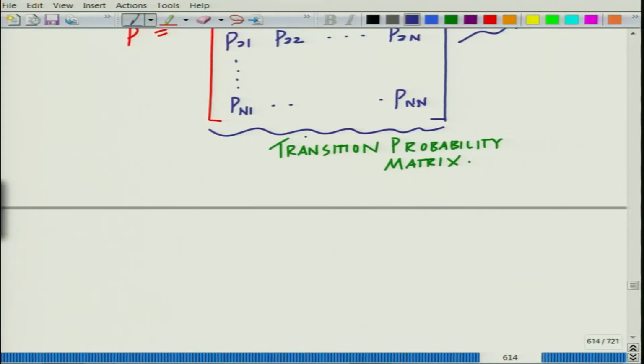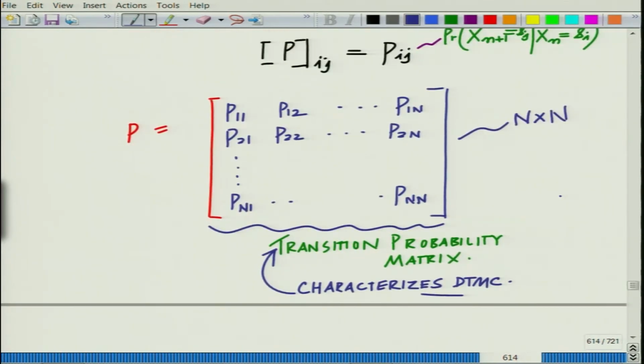You have the one step transition probabilities, and from the Markov property, that is essential to characterize the evolution of the stochastic process. So this characterizes the DTMC, its evolution and behavior, and this can tell us about many properties of the DTMC that we are going to keep inferring.